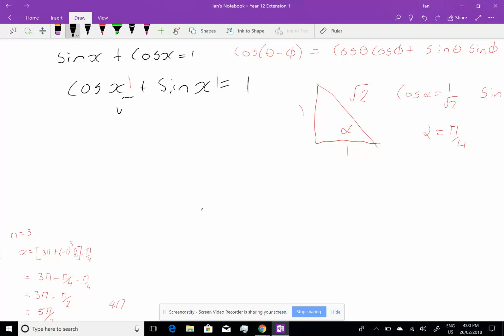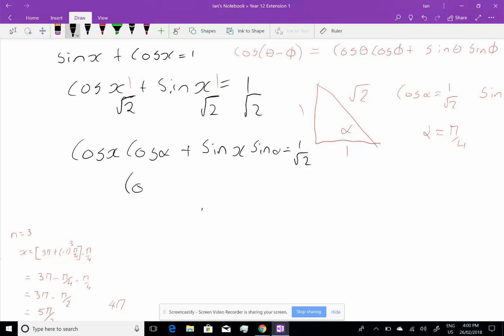Let's divide by root 2, and that'll give me cos x. Now, what do I want this to be? I want it to be cos x cos alpha plus sine x sine alpha equals 1 on root 2.